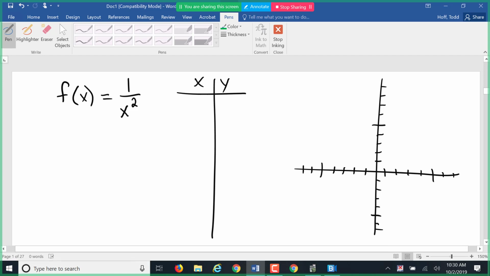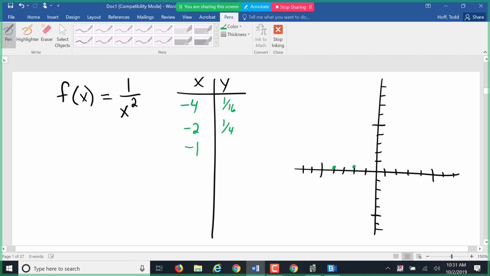So let's just put in something like -4 again for x. Well, 1 over -4 squared is 1/16. So -4, 1/16 is a dot right there. I put in -2, -2 squared is 4. So 1 over -2 squared is 1/4. I put in -1, -1 squared is 1.